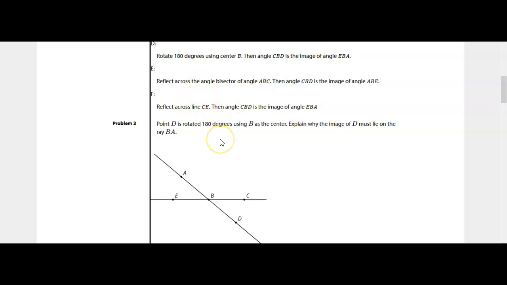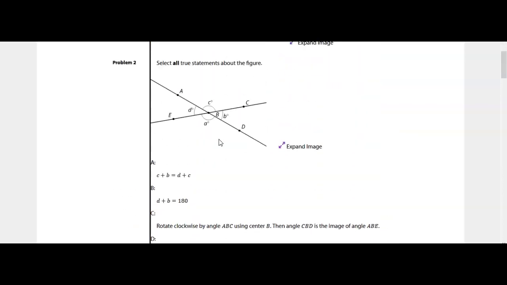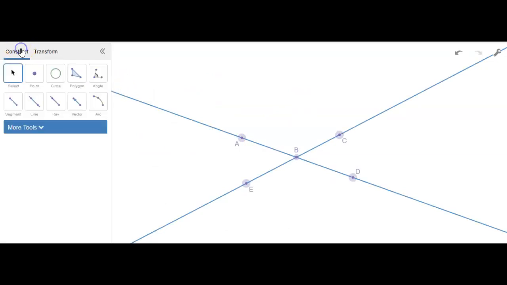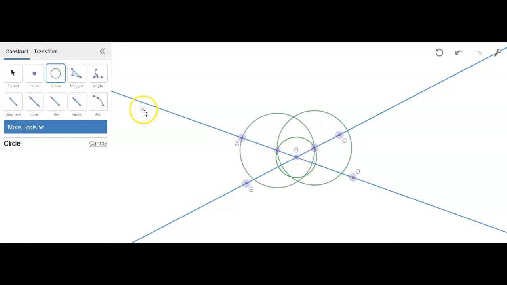If we reflect across the angle bisector of ABC, this one you might be able to see fairly well. The angle bisector is, I'm just going to draw it here really quick, halfway in between this angle right here. I'm going to use a line.